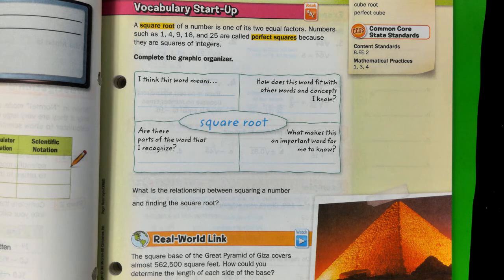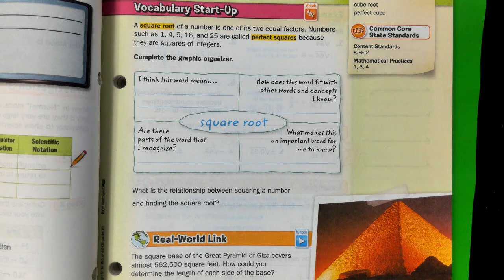A square root of a number. Remember our learning target. I can solve perfect squares and cubes. A square root of a number is one of its two equal factors. Numbers such as 1, 4, 9, 16, and 25 are called perfect squares because they are squares of integers.